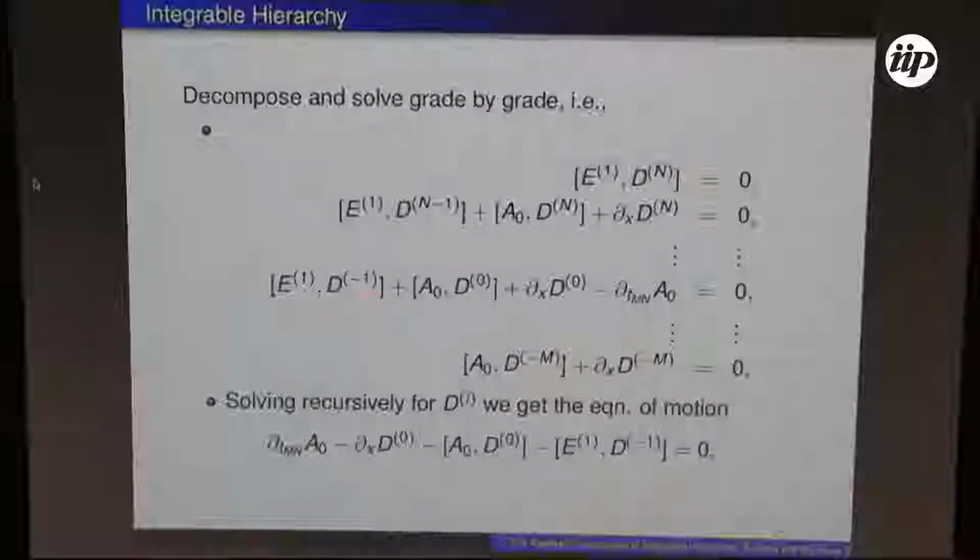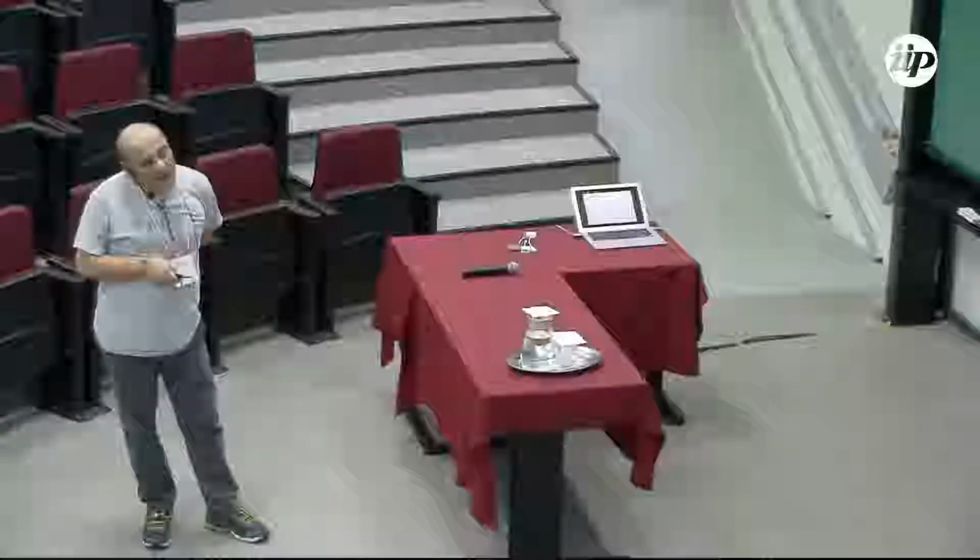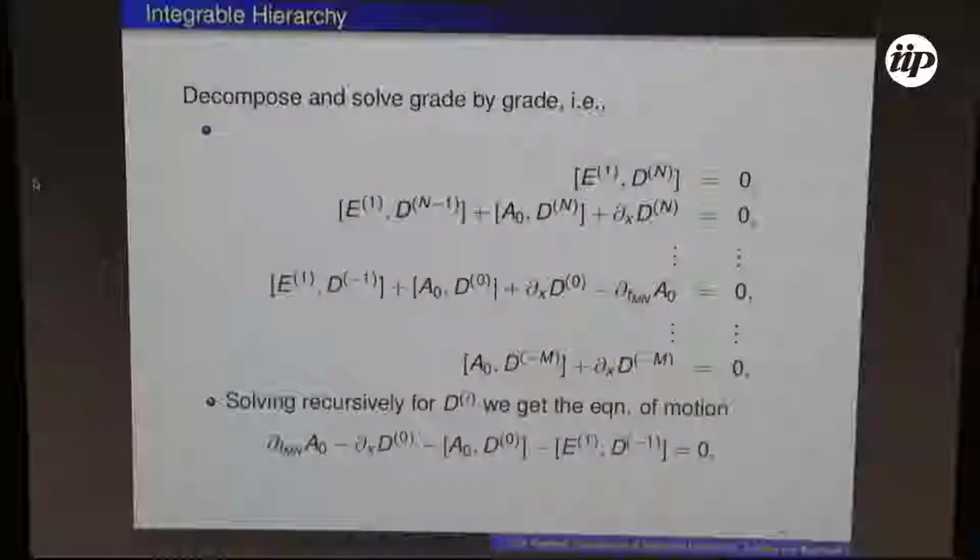And you see, this equation, which is the projection on the zero grade, is the only equation where d_t acts in some operator. So this is the equation of motion, and it depends on D_0 that is determined from the series of equations from top to bottom until you reach D_0. And if you start from the bottom up, you have a non-local equation for D_(-M), and the one before is another non-local equation for D_(-M+1), and so on, until you reach D_(-1).